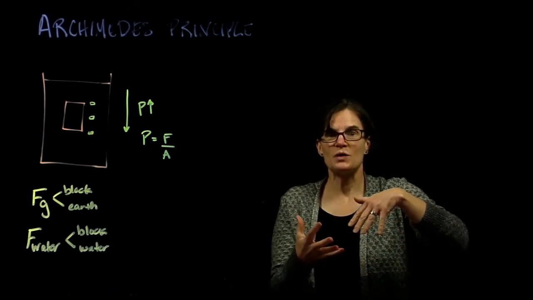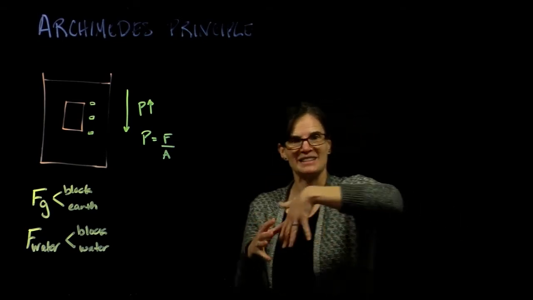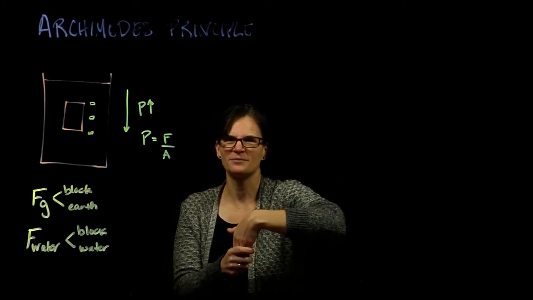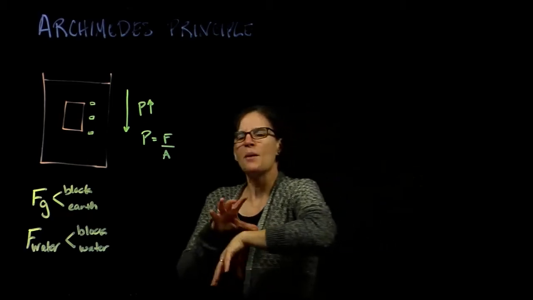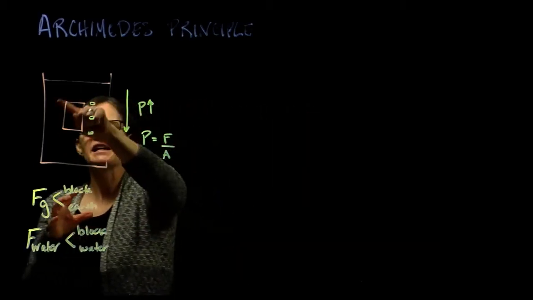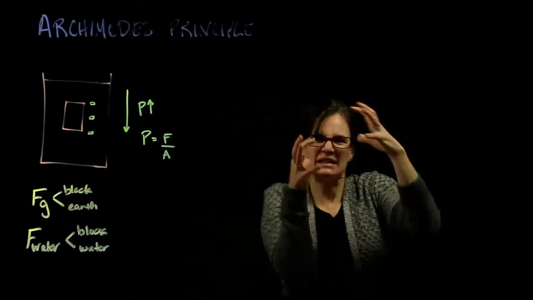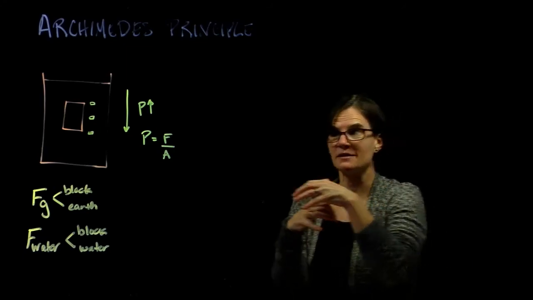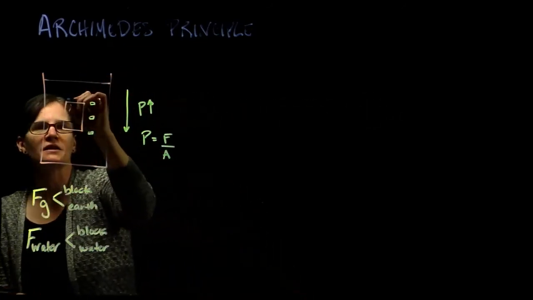So we also want to think about it in a directional standpoint. What direction is that glove being pushed onto your hand by the water? Well, it's hard to imagine the top because the top is open and your arm's hanging out. But you can imagine that if I covered this brick with a plastic bag, that plastic bag would be pushed against that brick from all directions. So from the top, that plastic bag would be pushed in the downward direction.